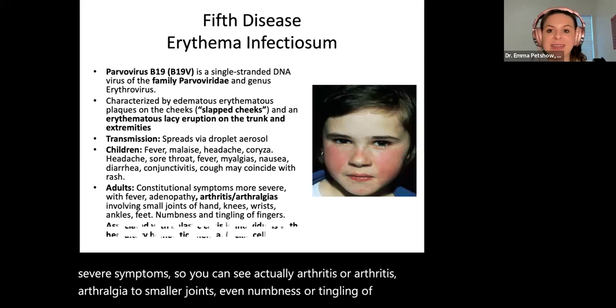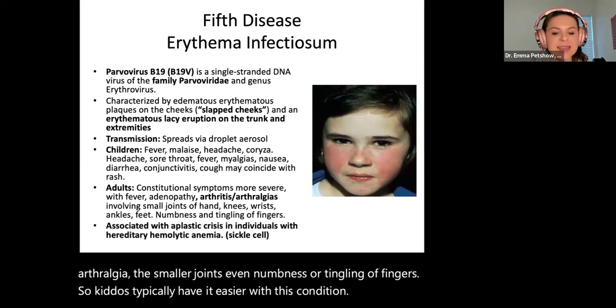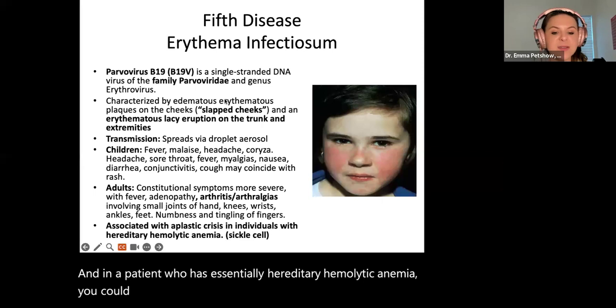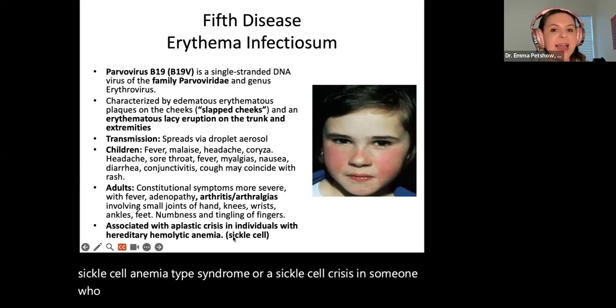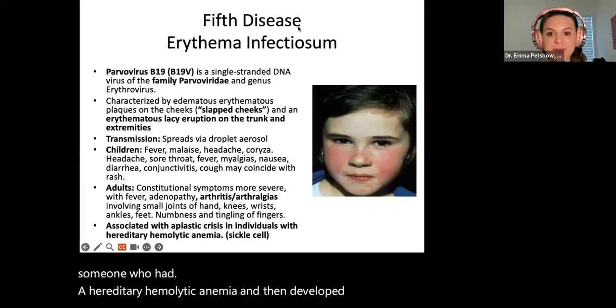So kiddos typically have it easier with this condition. And in a patient who has hereditary hemolytic anemia, you could see this being associated with an aplastic crisis, like a sickle cell crisis in someone who had a hereditary hemolytic anemia and then developed erythema infectiosum.